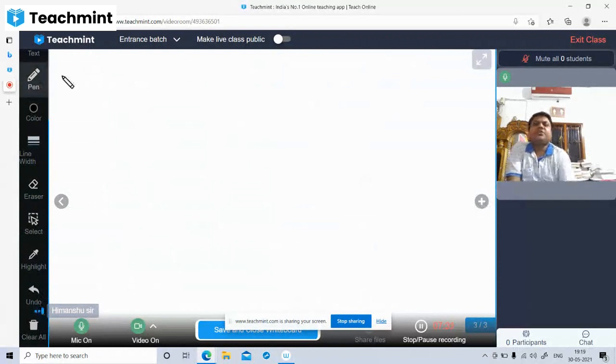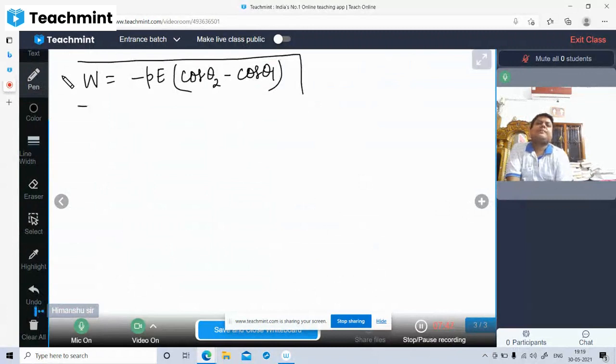So W is equal to minus PE times (cos theta 2 minus cos theta 1). This is your final expression for the dipole potential energy, equation number 3.